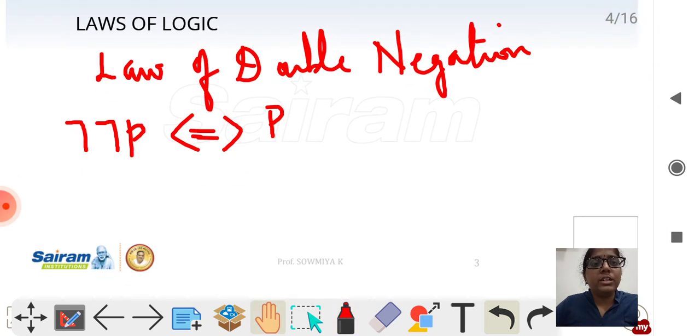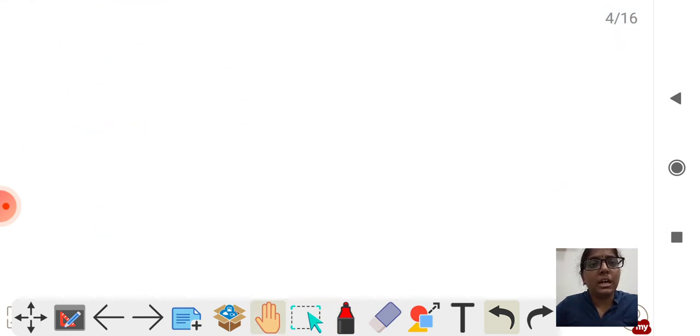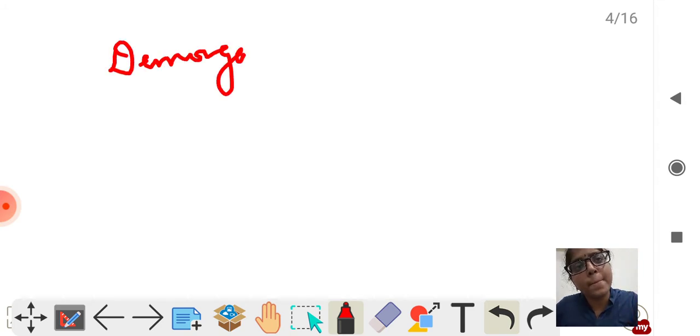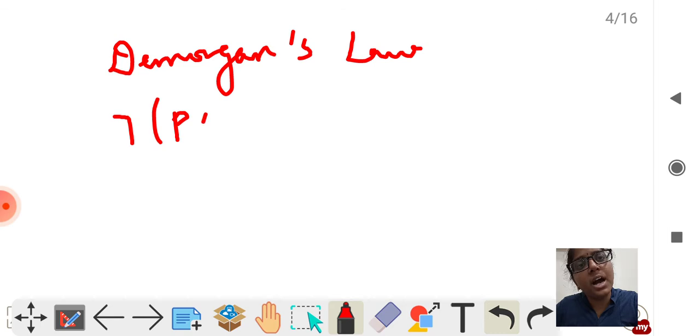The second one is De Morgan's law. What is De Morgan's law? Negation of P and Q is logically equivalent to negation P or negation Q, when you take the negation inside.